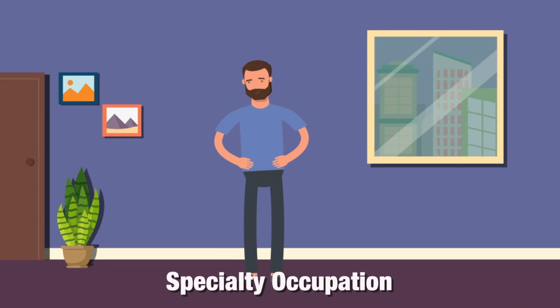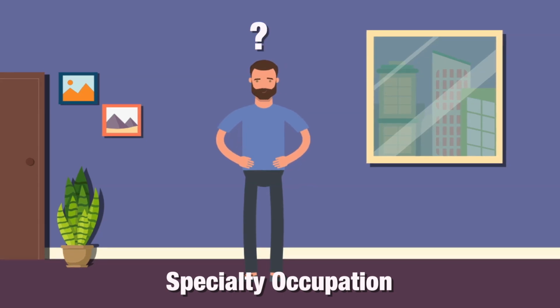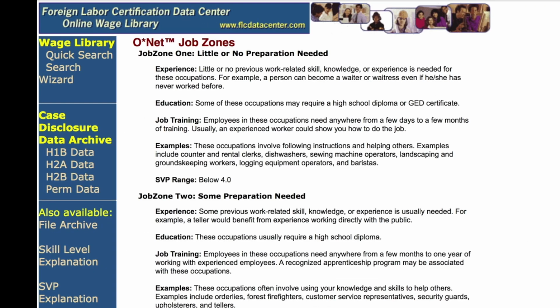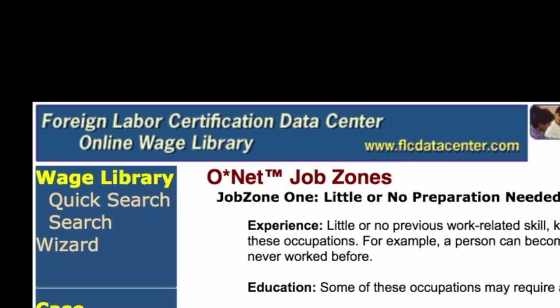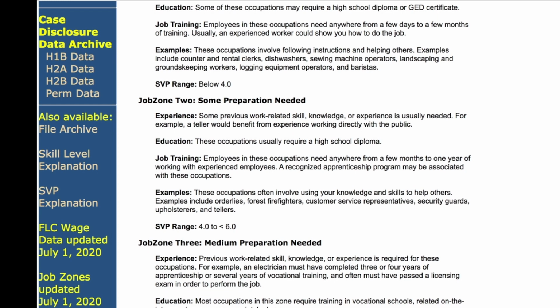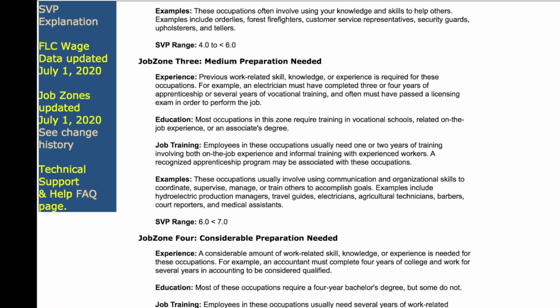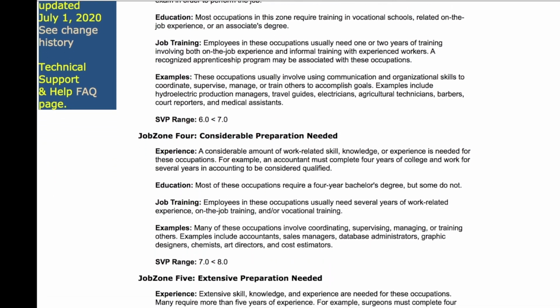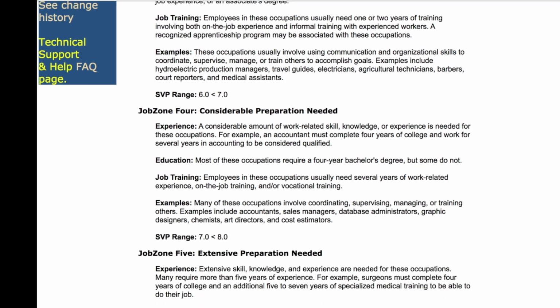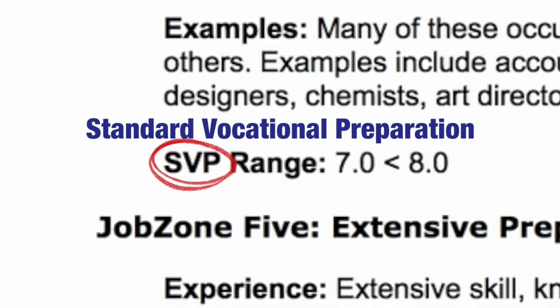So, how do we define a specialty occupation? If we hop to another website, the Foreign Labor Certification Data Center, there we will find occupations organized into job zones that describe various levels of experience along with the education needed, which they call the Standard Vocational Preparation, or SVP.